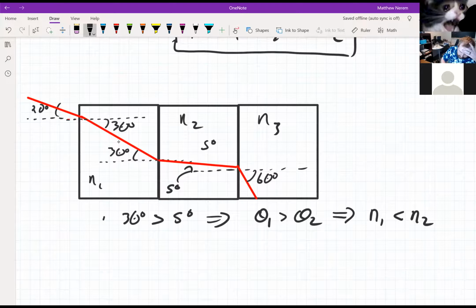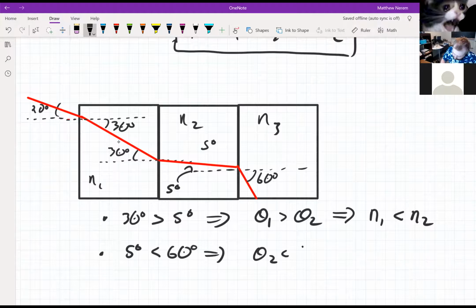And then repeat. Go to the second boundary. 5 degrees is less than 60 degrees. I'd say theta 2 is less than theta 3.